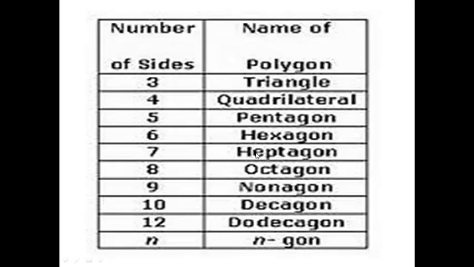First, I kind of wanted to give you an overview of everything we're talking about. A 3-sided figure is what we're going to talk about the first half of this video, which is a triangle. And these are all polygons. Every single one of these right here is a polygon.